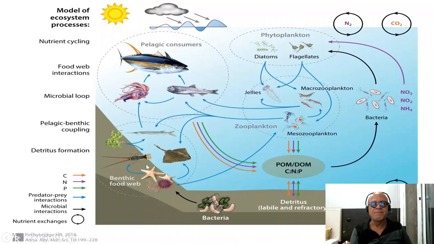So you have the benthic food web, and you have microbial loops as well, bacteria which eat things and reproduce nutrients like nitrate, nitrite, ammonium, and so on. And at the bottom also you have a redox layer, which is converting oxygen, and you have oxygenated water, and so on.